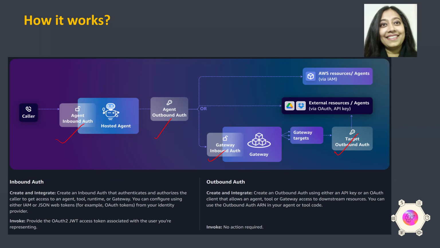For OAuth, you want to use Cognito, which is in-house, or you want to use something external like Slack or GitHub, Salesforce, whatever external resource you want to use, that's totally up to you. It has to be JSON-based or JWT, so it needs to be a web token. Hopefully this is clear. So what you're doing is authentication and authorization, both inbound and outbound.